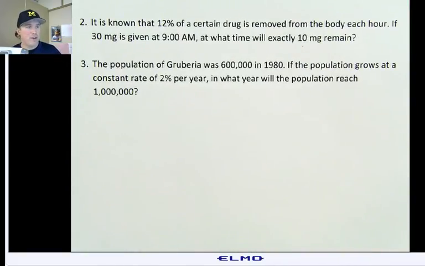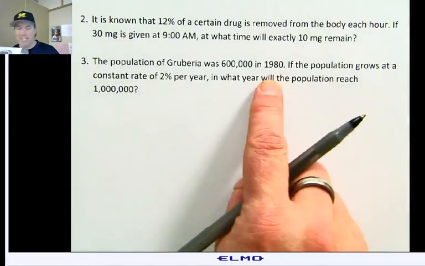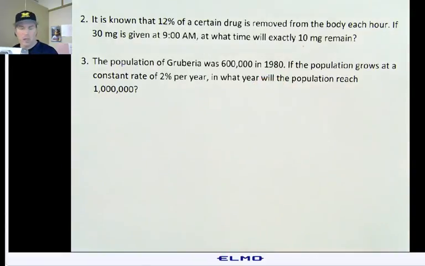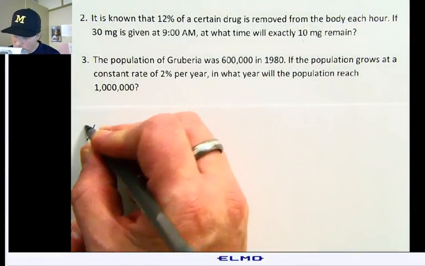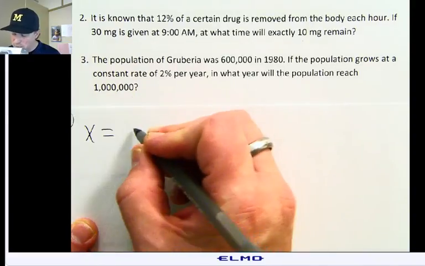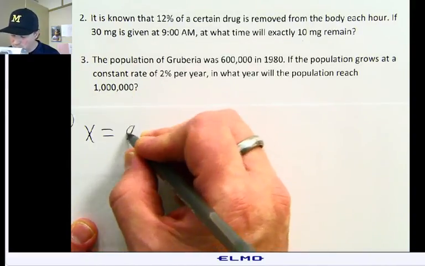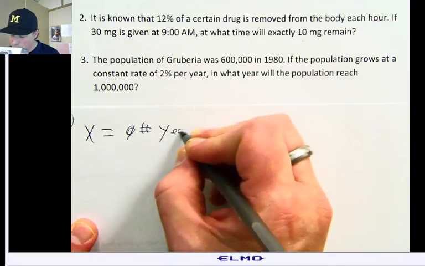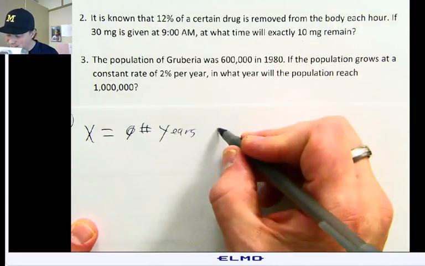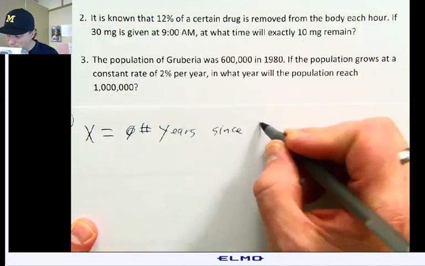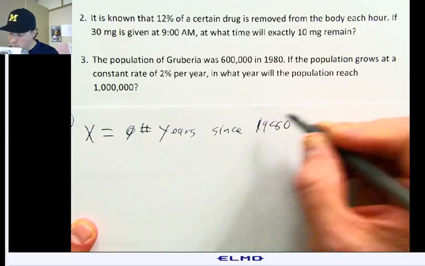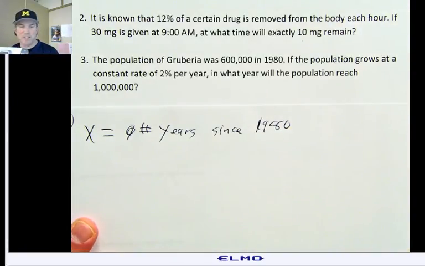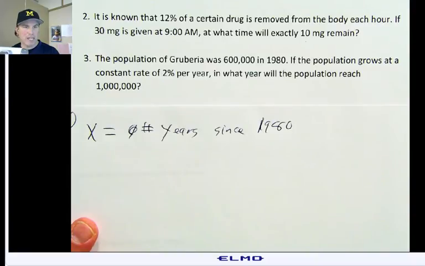The population of Gruberia, 600,000 in 1980. That's the start point. If the population grows at a constant rate of 2% per year, we're talking years, so x is going to be the number of years since 1980. And I guess we'll assume January 1st of 1980.